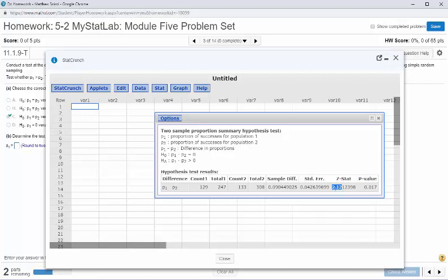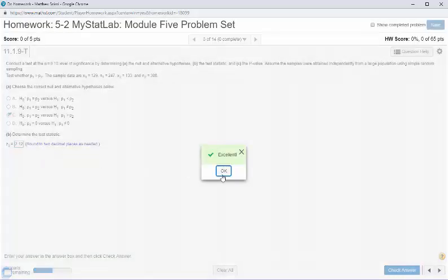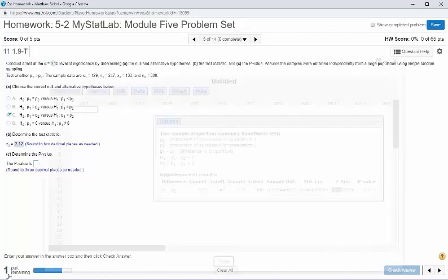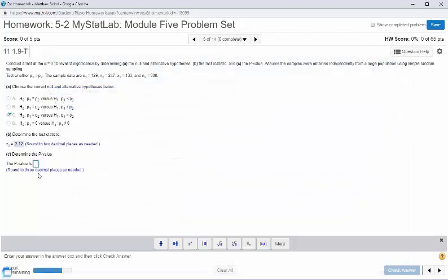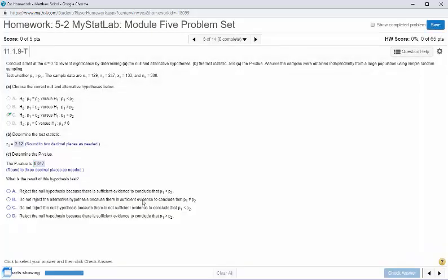So it said find the test statistic to 2 decimal places. So I'm going to take 2.12 and plug it in here. Excellent, I got it. And now let's see, determine the p-value. And this says to go to 3 decimal places. Well, they have it right here at 0.017. And we got it just like that.